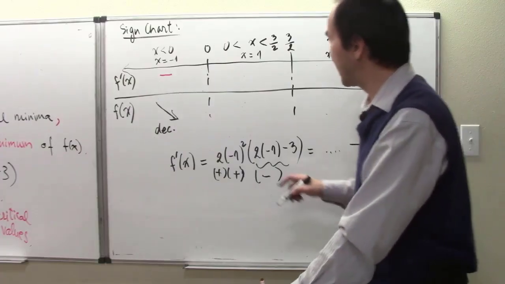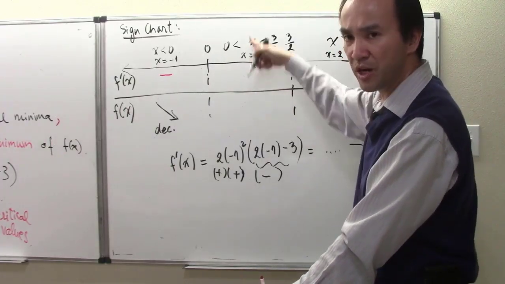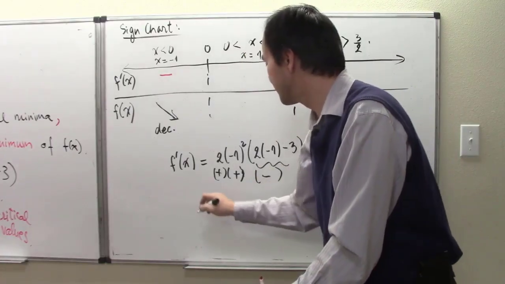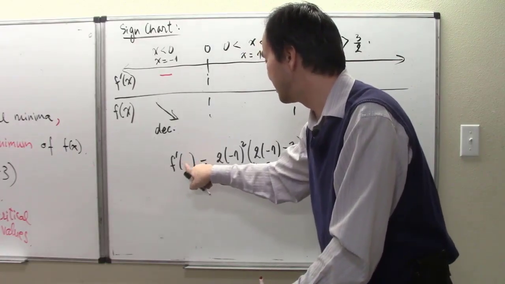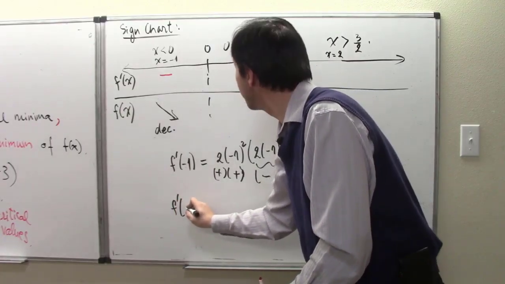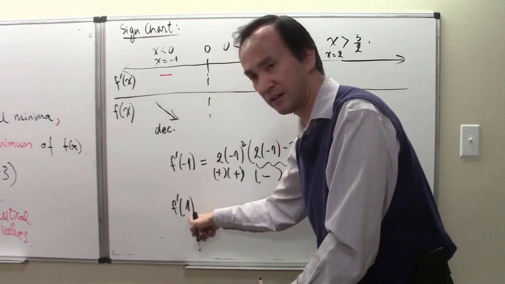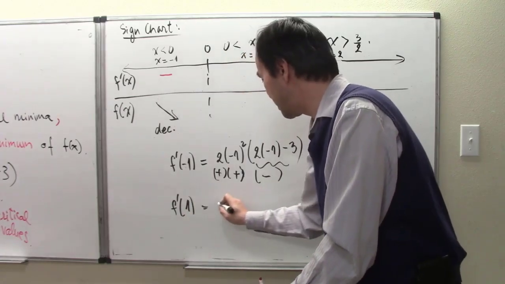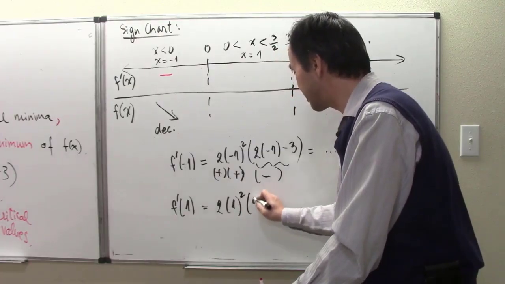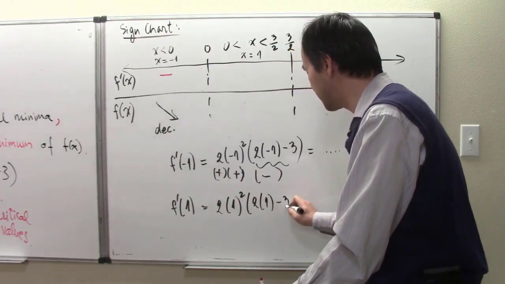And then I'm doing that again with the test point in the middle interval right here, right? This test point x equals 1. And I should have put that as -1 here. And so f prime of 1, I'm substituting in that test point into our derivative. That gives me 2 times 1 squared times 2 times 1 minus 3, right?